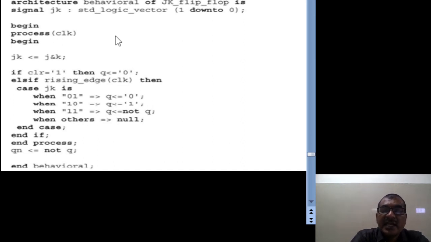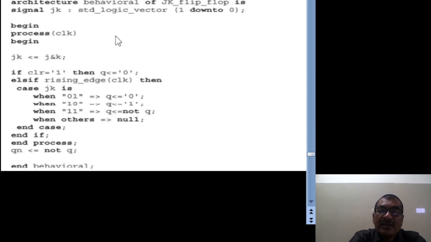Then checking the JK value as case JK is. Here the case statement is used for checking JK values. If JK value is 0, 1, that means J is 0, K is 1. K 1 means the expected state is reset, so Q equal to 0. When 1, 0, that means J is 1, K is 0, so we are expecting the set state, so Q equal to 1.